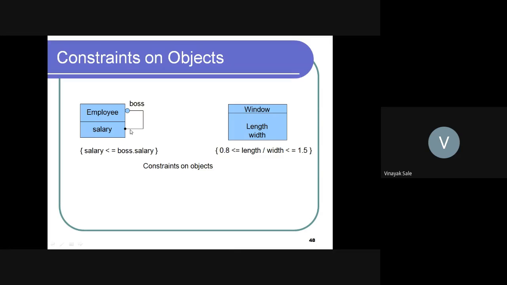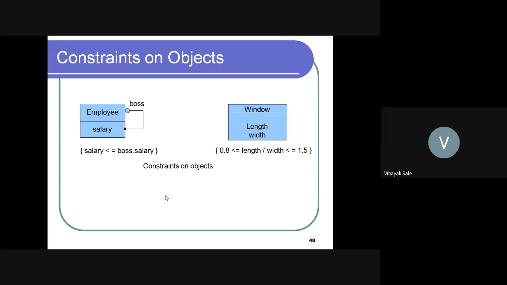This solid circle indicates 0 or 1, whereas an empty circle indicates one or more. So salary is less than boss dot salary, which indicates that there are a number of employees.